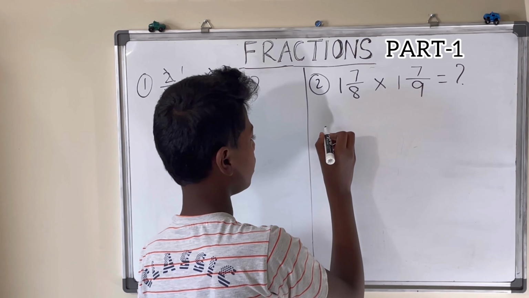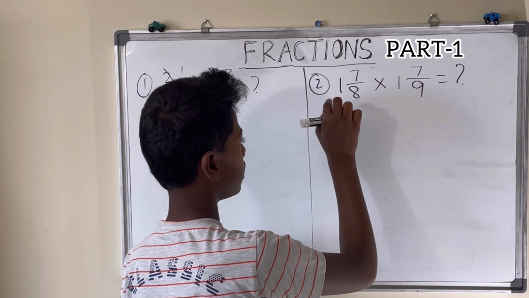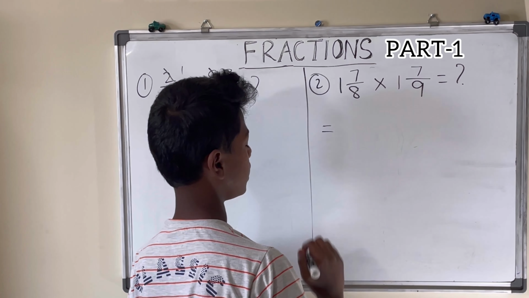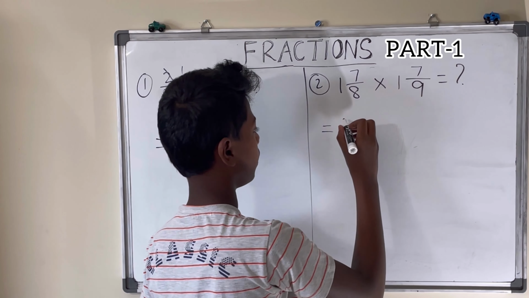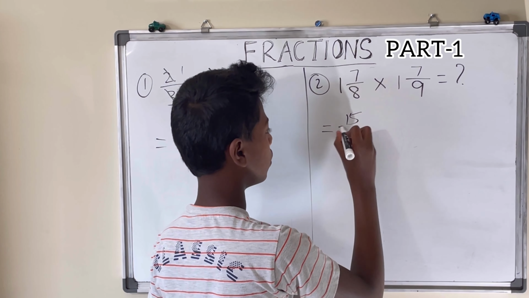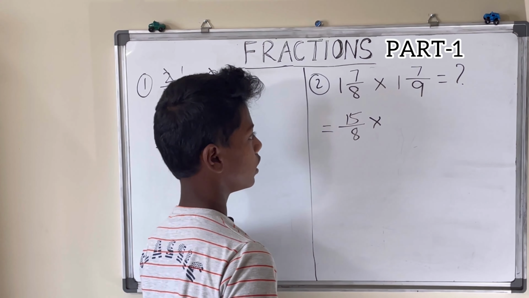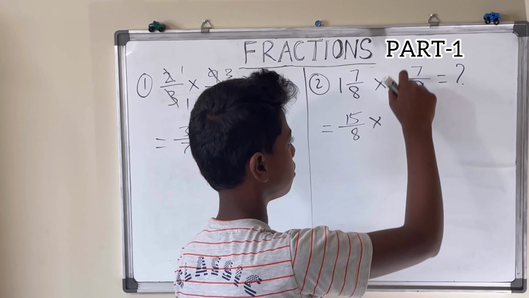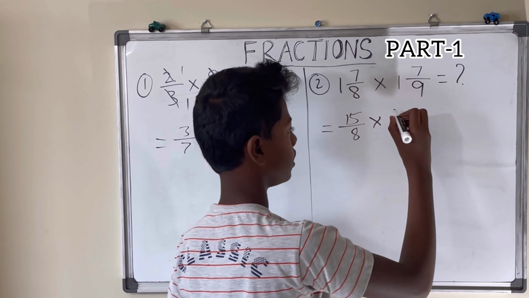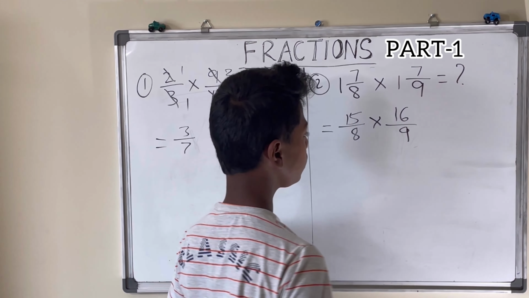So I'm going to put another equal sign. 8 times 1 is 8, 8 plus 7 is 15. So I'm going to write 15 over 8. I'm going to put my multiplication sign. And now 9 times 1 is 9, and 9 plus 7 is 16. So I'm going to write 16 over 9.